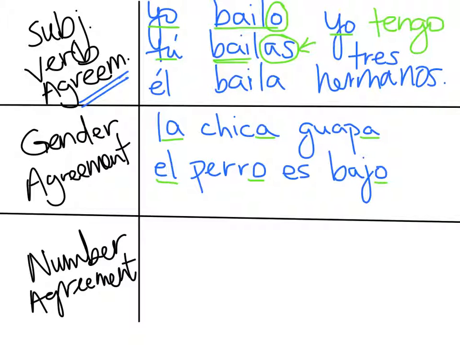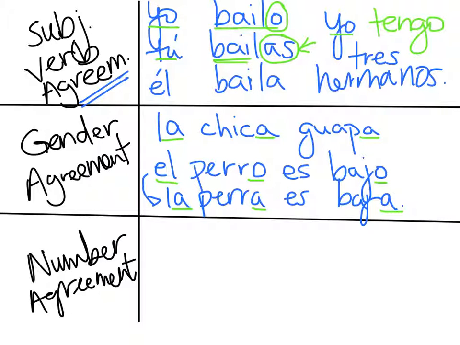Now, if I decided to change this sentence because I don't actually have a boy dog, I have a girl dog, so I would write la perra es, and it wouldn't be bajo, it would be baja. So that is what gender agreement is, making sure that everything matches.